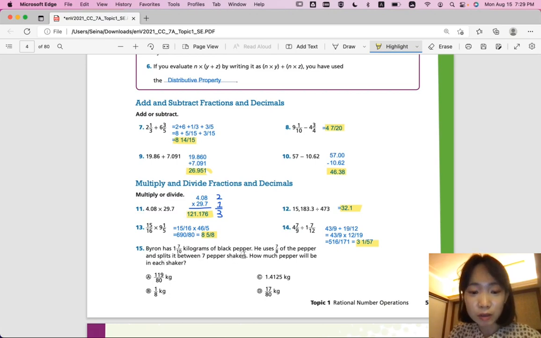What did you use? So from 1 and 7/10 kilograms of black pepper, he uses 7/8. If he splits it between 7 pepper shakers, how much pepper will be in each shaker?